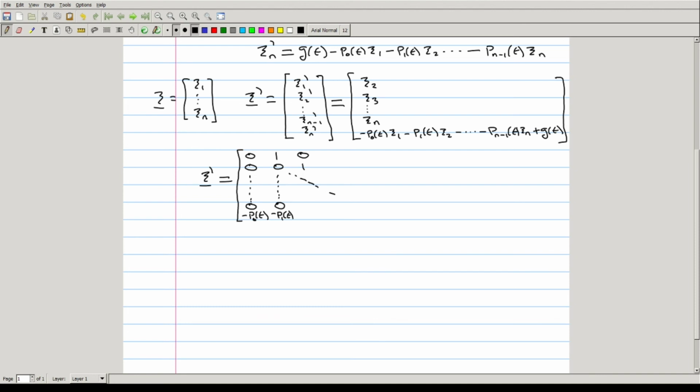The zeros are going to go down the matrix like this, and over like this, and the last row of this matrix will contain all of the functions, negative p naught, negative p1, negative p2, and so on and so forth. Likewise, we'll have 1s all the way down until it's right here.